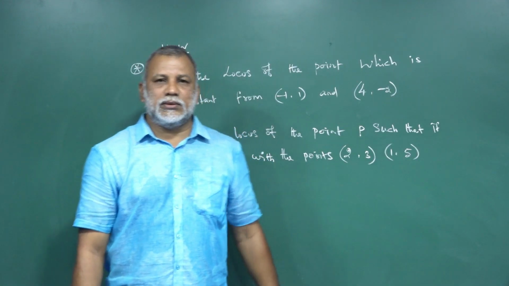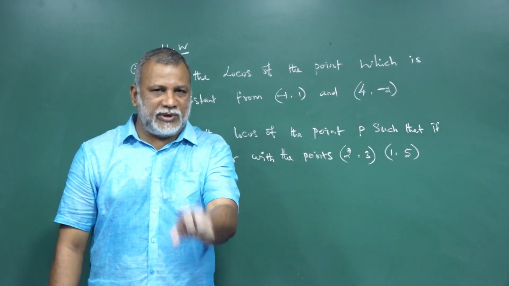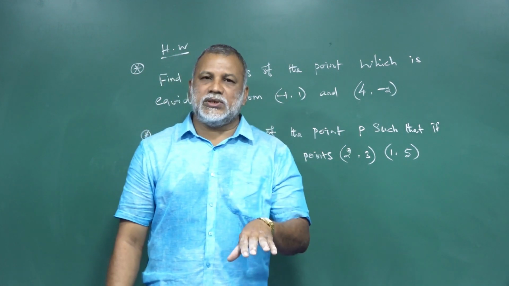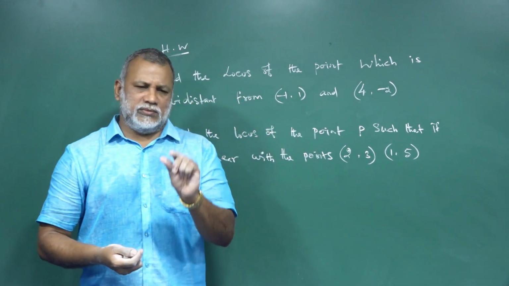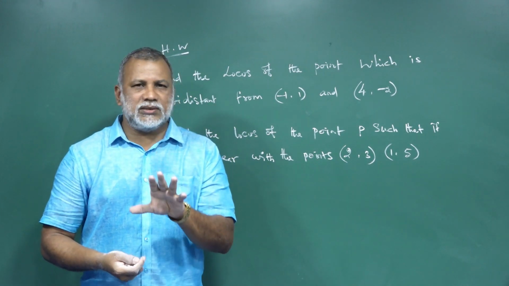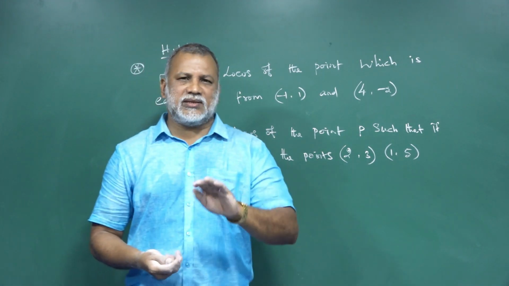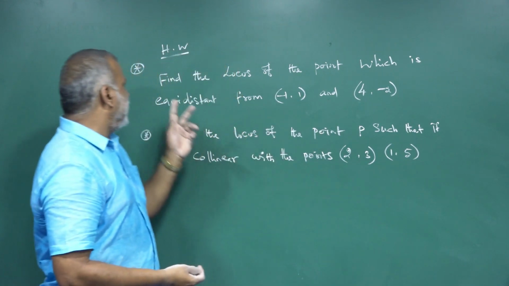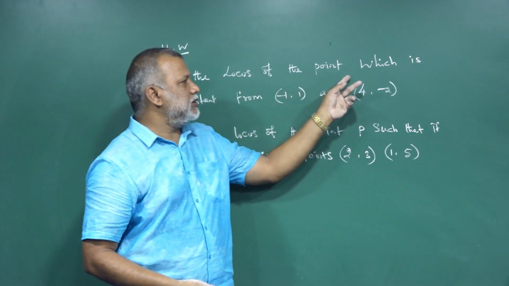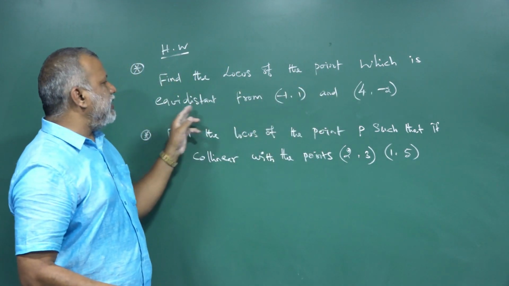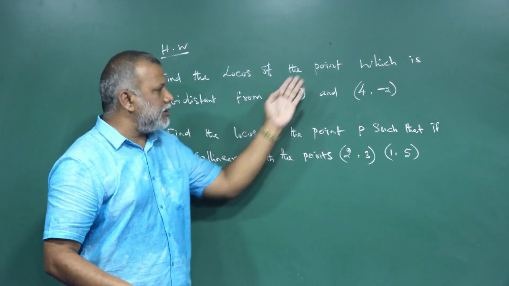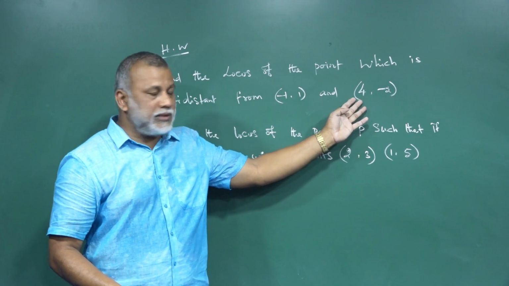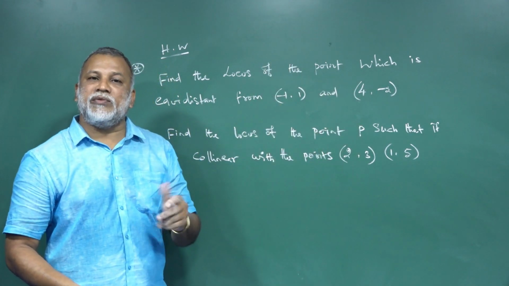Dear students, on the basis of today's explanations, today's concept, we have discussed many problems. You have 2 homeworks in the same order. We already discussed everything. See here, find the locus of the point which is equidistant from, equidistance means, say give the name A here, give the name B here, select the point P of x1 comma y1.